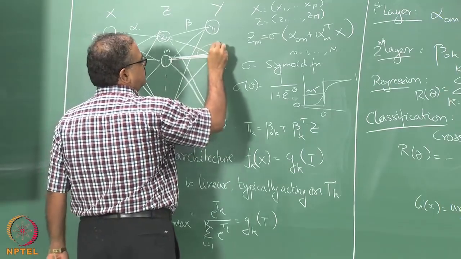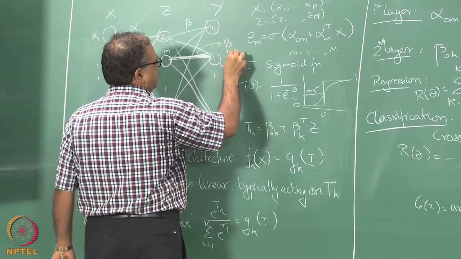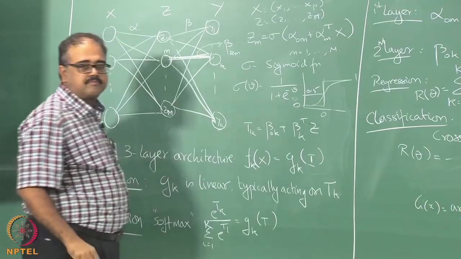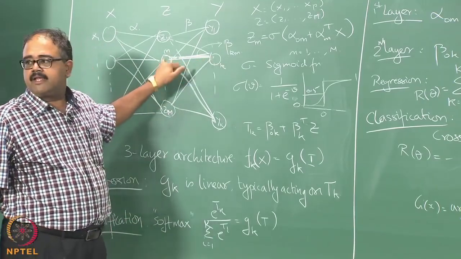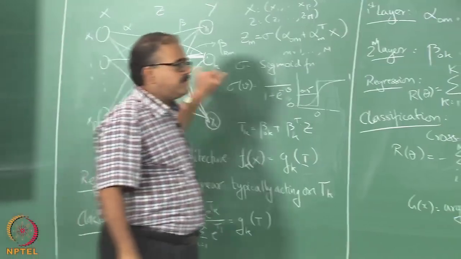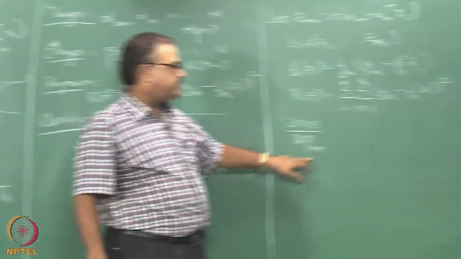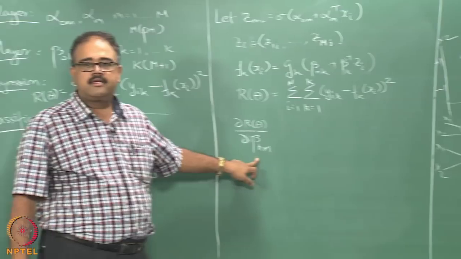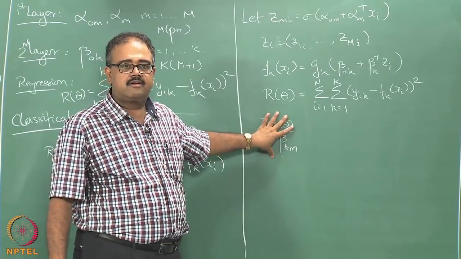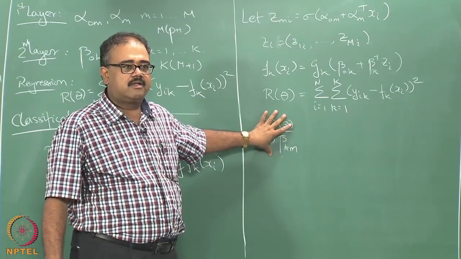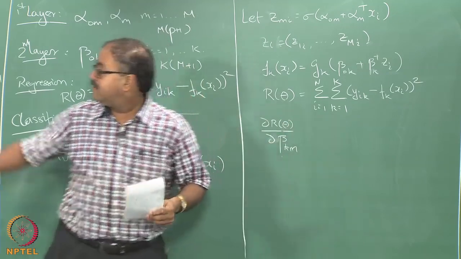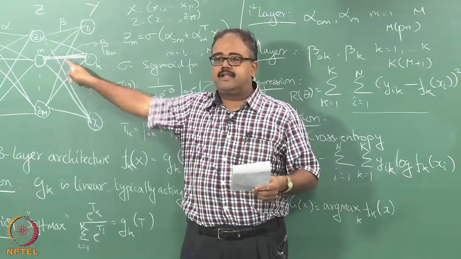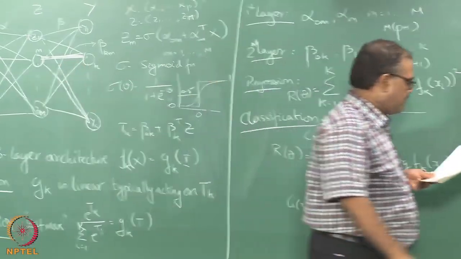So that is beta. Just this one weight I am taking here. I am taking the derivative of R with respect to that one weight. Is the setting clear? Here let us just designate that as beta_km.